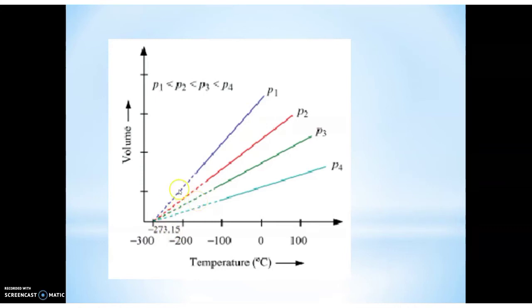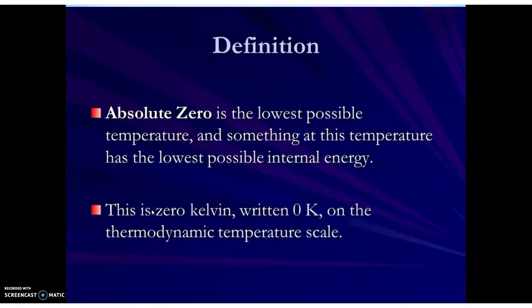What is this? At this temperature, minus 273.15 degrees centigrade, the volume is nearly equal to 0. This temperature is known as absolute zero. Absolute zero is the lowest possible temperature, and something at this temperature has the lowest possible internal energy.